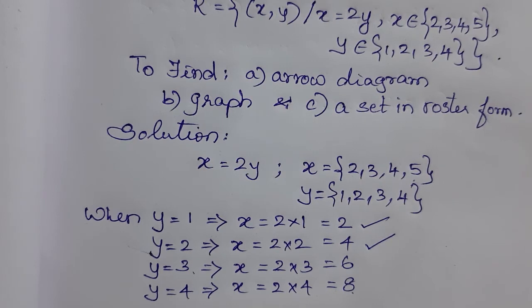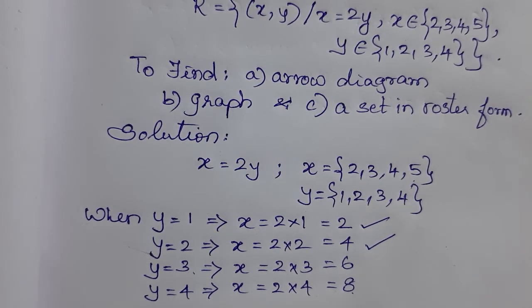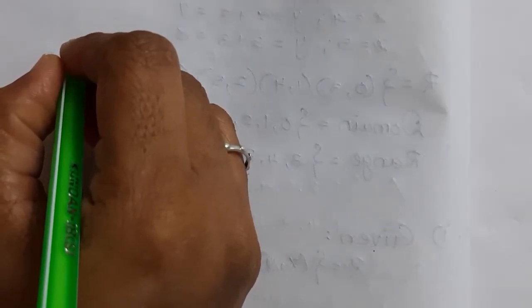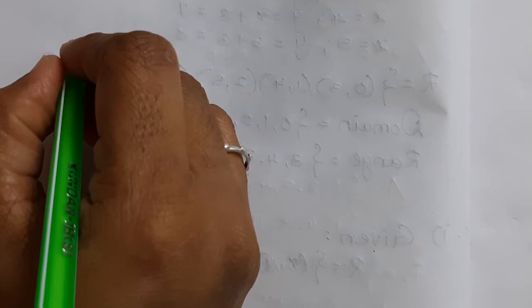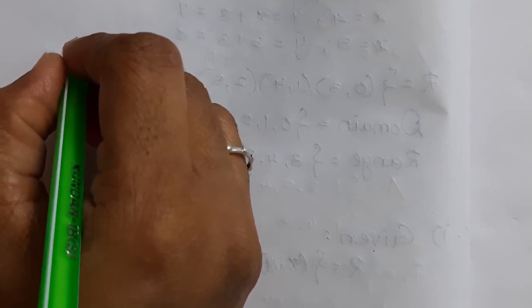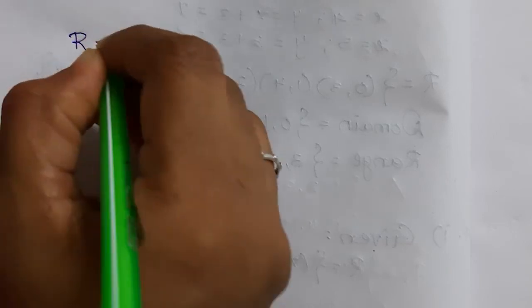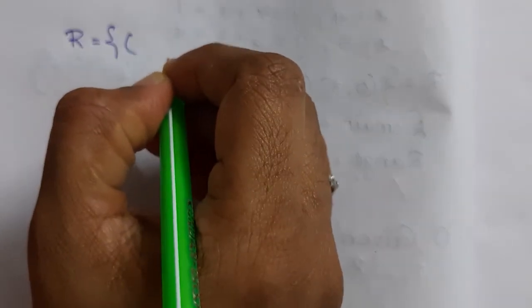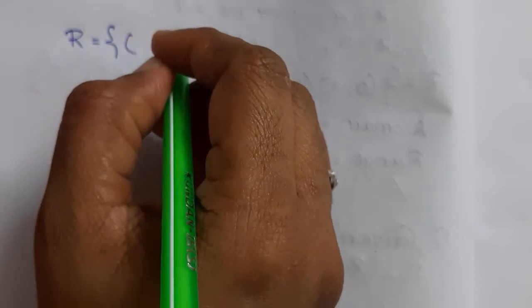So now let's write all three ways, that is, as an arrow diagram, as a graph and as a set in roster form. First let's write the relation, which will make it easy to draw the arrow diagram, the graph and the roster form. So relation R is equal to, you have to write it as (x, y), the element of x first and then the y value.